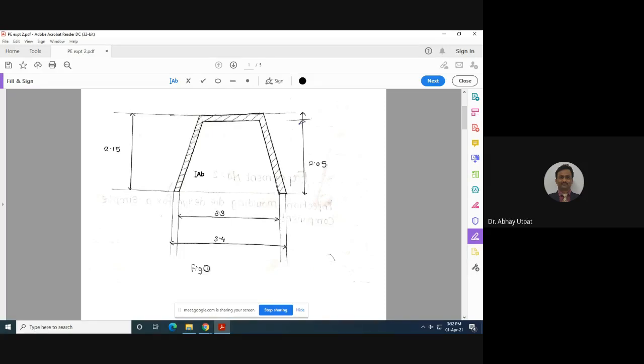I repeat once again, pi by 4 d1 square h minus pi by 4 d2 square h. So h is different here. For the inner cylinder, h is 2.05. For the outer cylinder, h is 2.15. All dimensions are in centimeters, as I told you. And then if you multiply it by density, you can get the weight of the component.